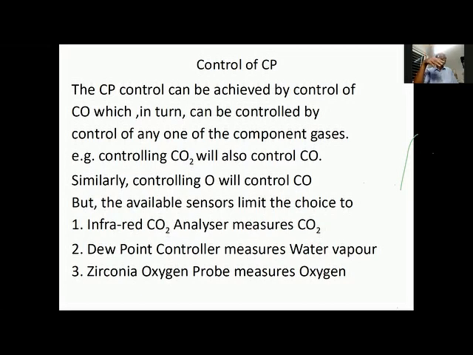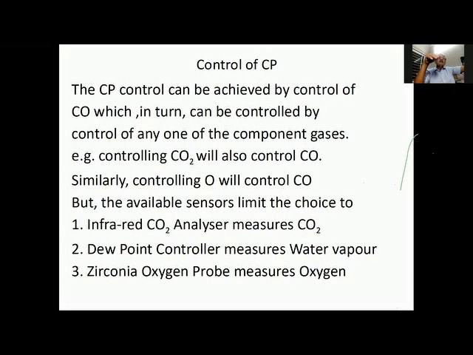Similarly, dew point, which is a measure of water vapor content in the furnace gas, is converted into carbon potential again. The best and most commonly used today is the zirconia oxygen probe, which measures the very small percentage of oxygen.